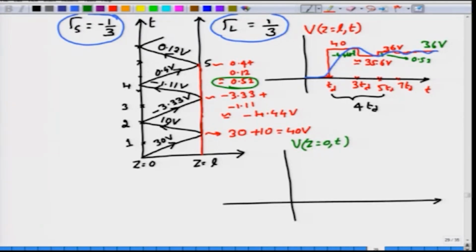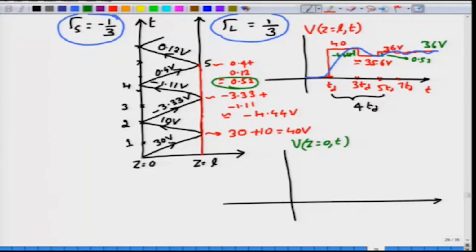This is because in many cases the load is not accessible to us. However, the source is accessible, or the interconnection that goes after the source is accessible, and we can put in our scope, which is called a TDR scope, right at the input terminals of the transmission line, and then monitor the voltage that you would measure.